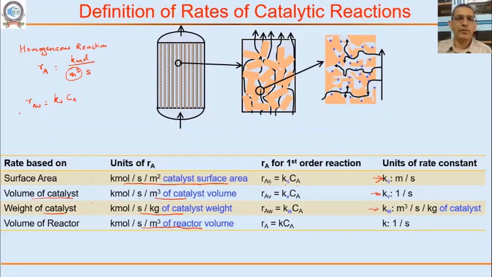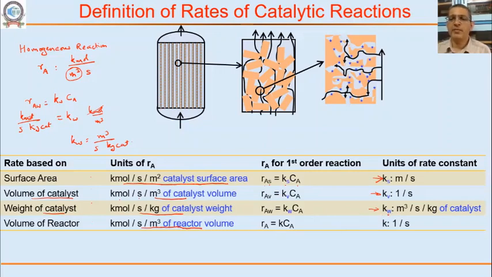What is RAW? Kilomoles per second per kg of catalyst must be equal to Kw times Ca, kilomoles per meter cube. So what are the units of Kw? Kilomole will cancel out. It is meter cube per second per kg of catalyst.